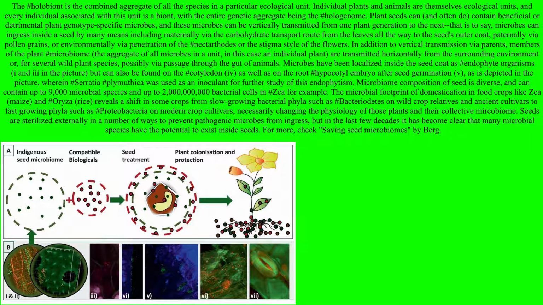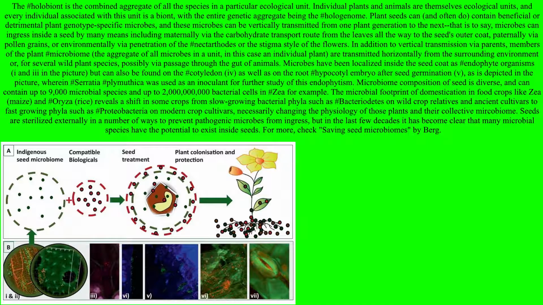Microbe composition of seed is diverse and can contain up to 9,000 microbial species and up to 2 billion bacterial cells in Zea, for example.